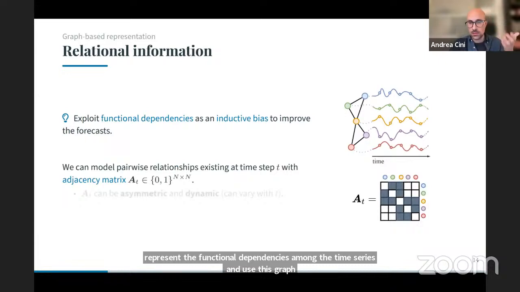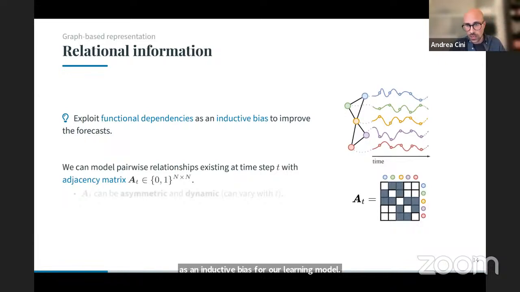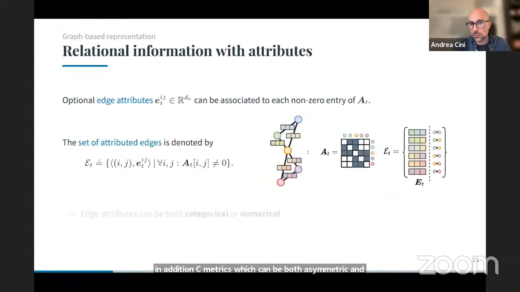We can use the graph adjacency matrix to model these dependencies, an adjacency matrix which can be both asymmetric and dynamic, so it can vary at each time step. Together with the adjacency matrix, we can also have edge attributes, which can be dynamic on their own, and that can be both categorical and numerical.